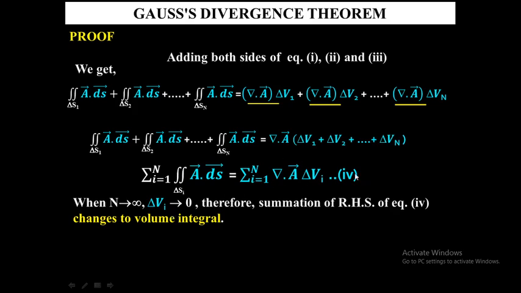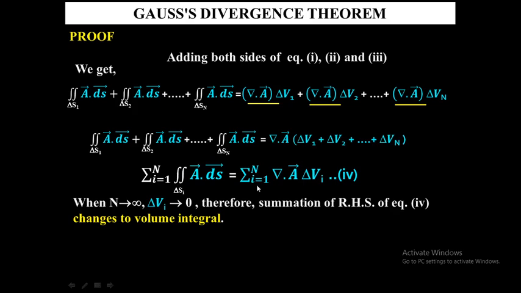Therefore the summation will be converted into the volume integral, because the volume of each volume element tends to 0. Because of that, the summation on the left hand side of equation number 4 will be converted into the volume integral.